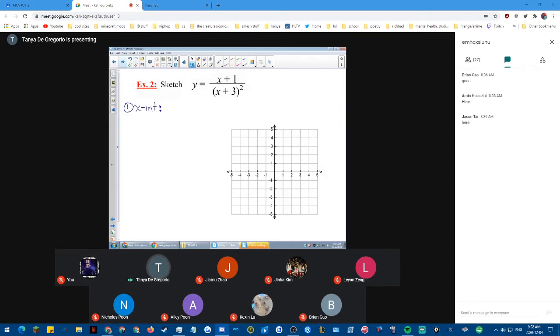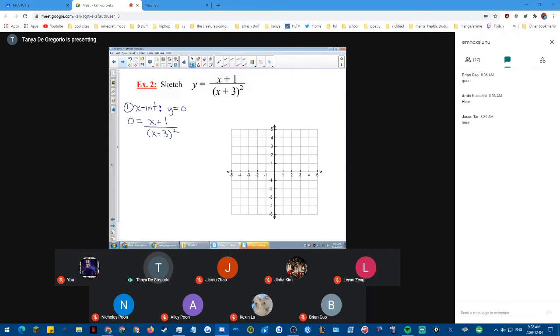Okay, so finding an x-intercept, we know that we let y equal 0. Oh, you're giving me the answer. Yes, sorry, I thought you were saying it should be x minus. You're absolutely right, Esther.